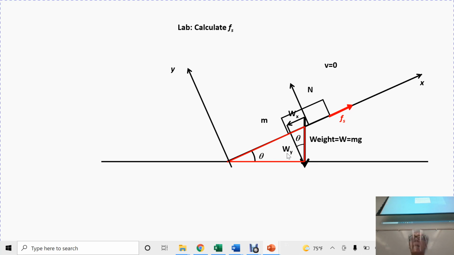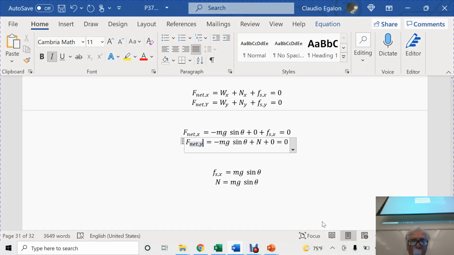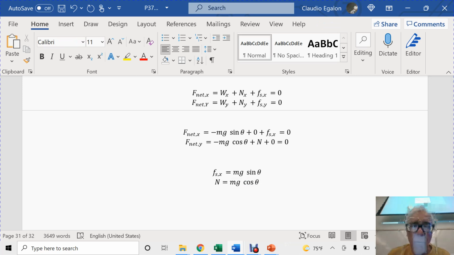But should it be cosine instead of sine? Yeah, it's cosine. I skipped it, thank you. And this one should be cosine too. But you understood the negative sign, right? It's negative for both directions, x and y. Thank you. Okay, so that's one way.